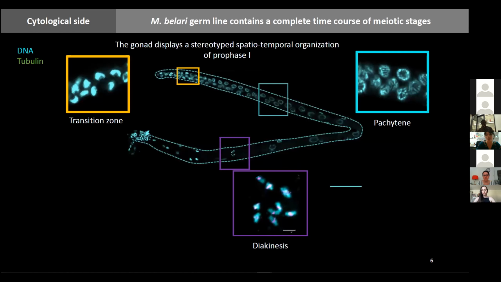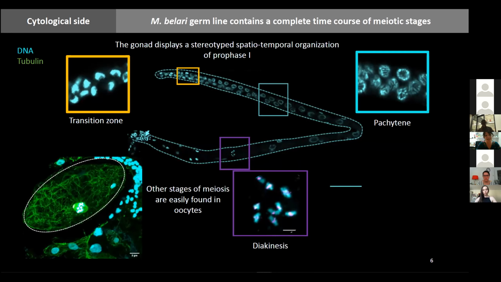Mesorhabditis species are ideal models for that, because the gonad of Mesorhabditis has a stereotyped spatiotemporal organization for prophase 1. So at the same position, you will find every time the same stage. And concerning the other stages of meiosis, you just have to fix late oocytes, like on this image, where you can see tubulin in green and the DNA in blue.